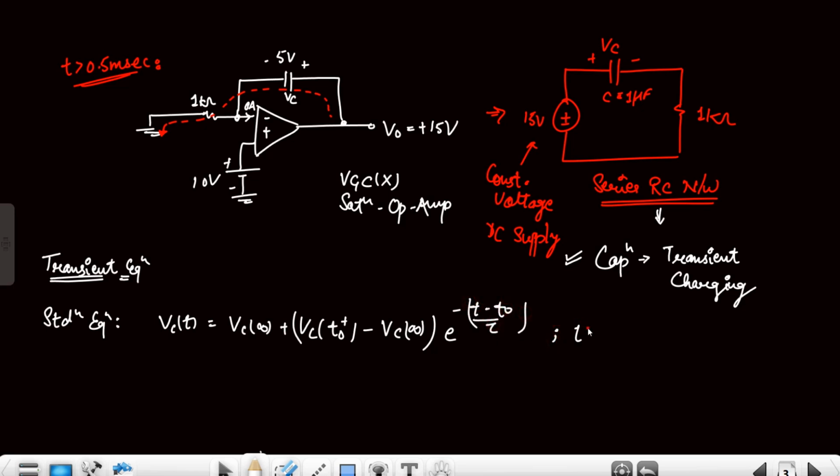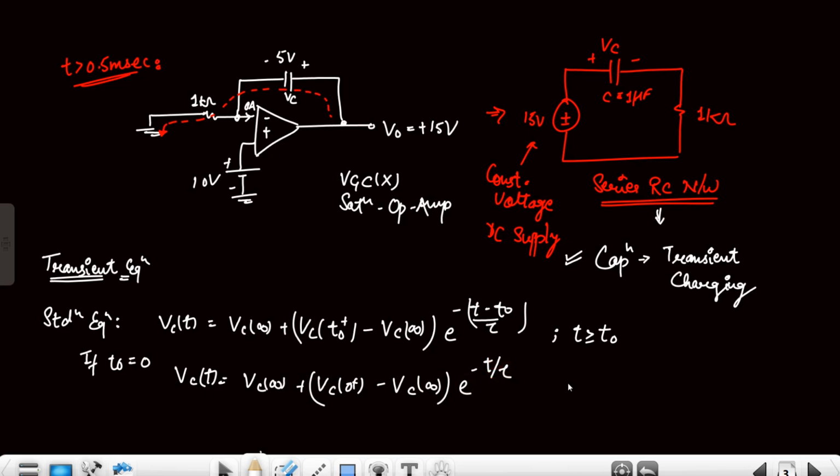This equation is valid after the time instant t0. Now if the time instant t0 is equal to 0, then we write like this: VC(t) is equal to VC infinite plus VC 0 minus VC infinite and exponential raised to power minus of t divided by time constant. This is the equation after t greater than 0.